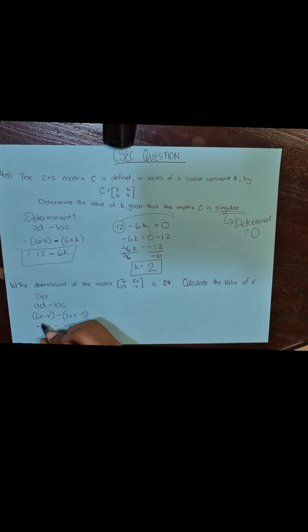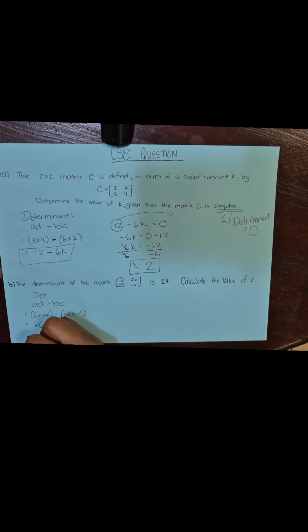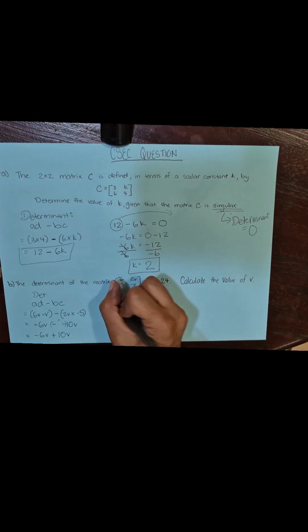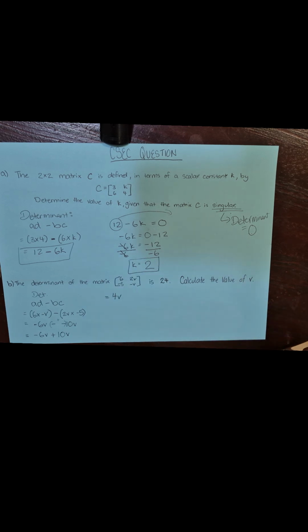So negative 6V minus negative 10V, 2 minus signs come together, that's plus, so negative 6V plus 10V. These both have V, so that means this can actually add together. So that's going to be negative 6 plus 10 is 4V.